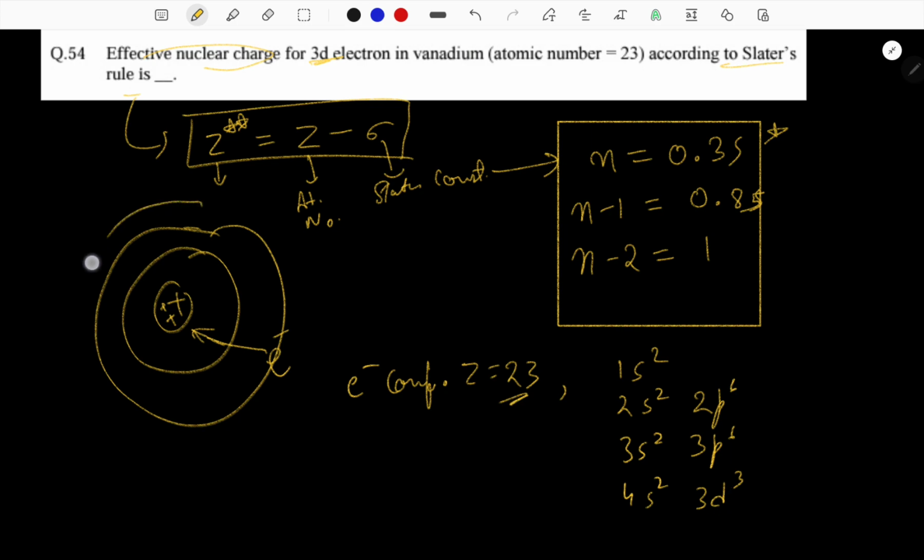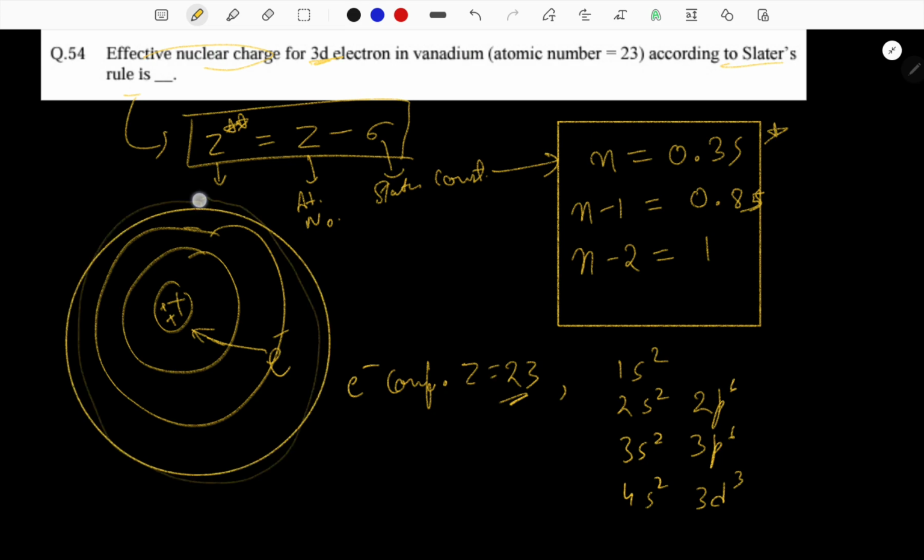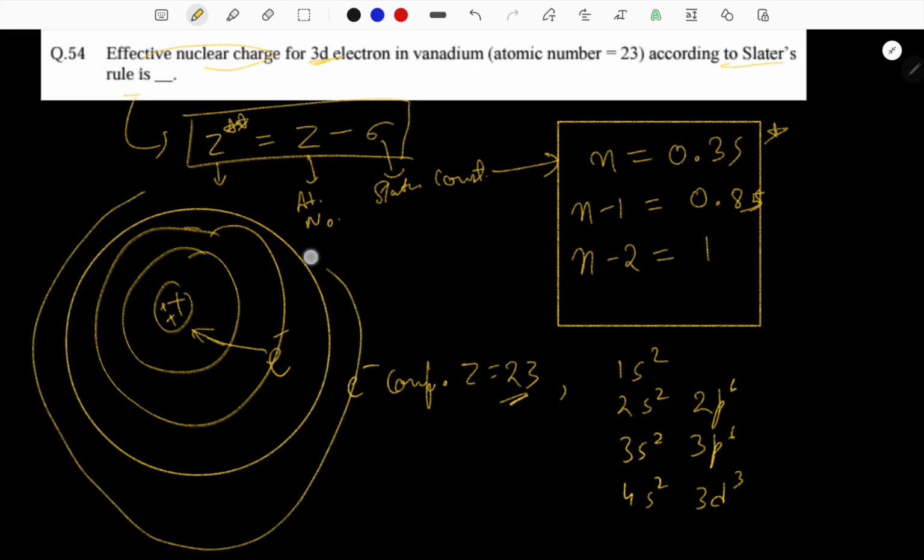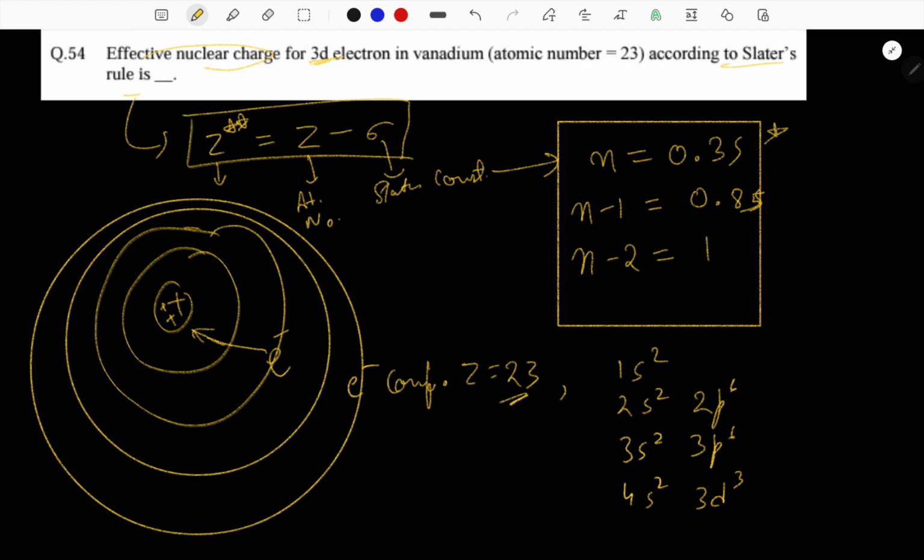It means we have 4 shells. Imagine like this: 4s2 and 3d3 must lie somewhere here. For the electrons in the 3d shell, there must be 3 electrons present, and we take any one electron into account and calculate the net repulsion felt by this electron from the inner electrons.